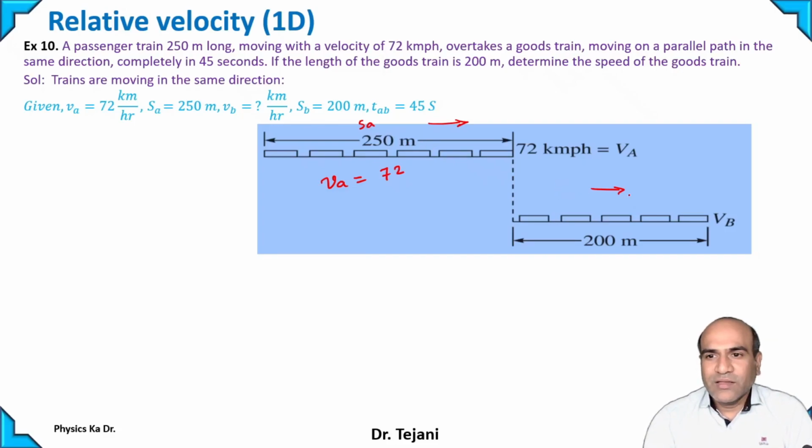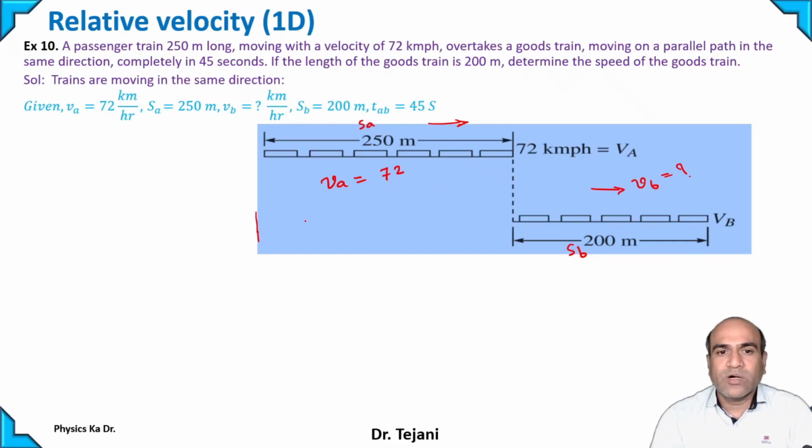Then VB: what is the speed of train B? That is not given, we need to find it. But SB is given, and the time taken for the complete overtake. So the relative time is equal to 45 seconds to complete the overtake.